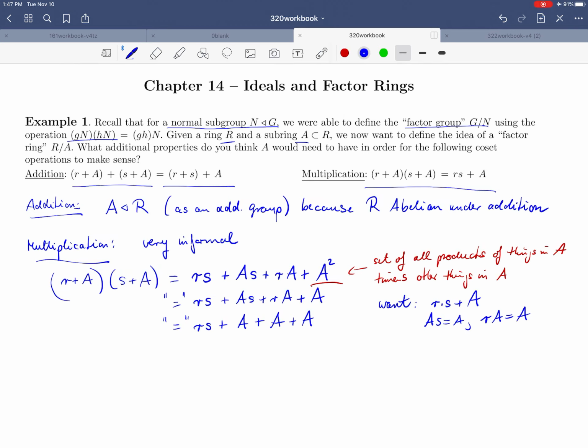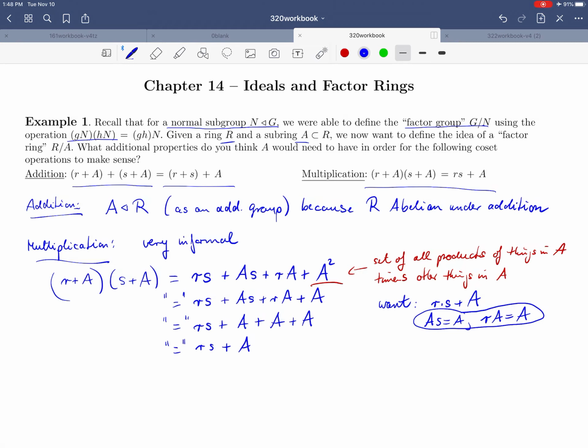But if we have something in A plus something in A plus something in A, closed under addition, we again just keep A. So this is equal in quotes to rs + A. And so we found what we'd like to be true. We would like A times s to just be A, and we want r times A just to be A.